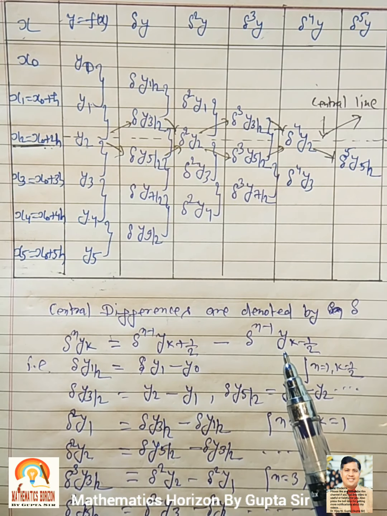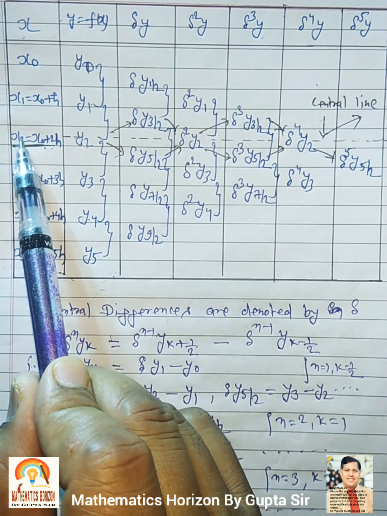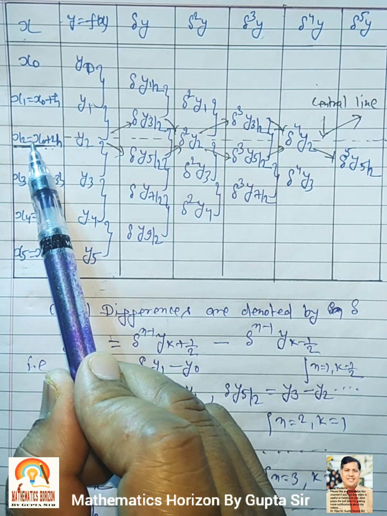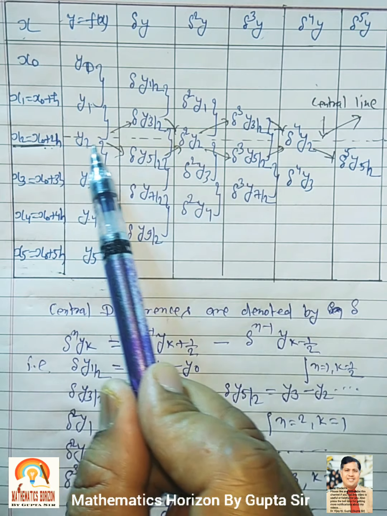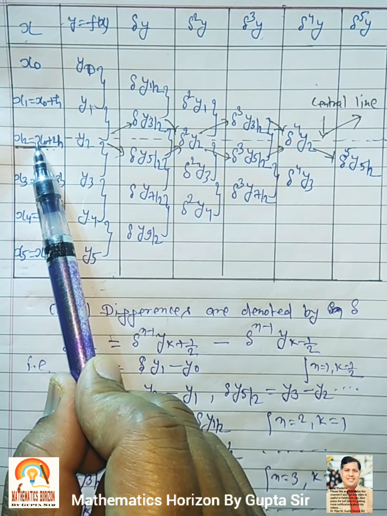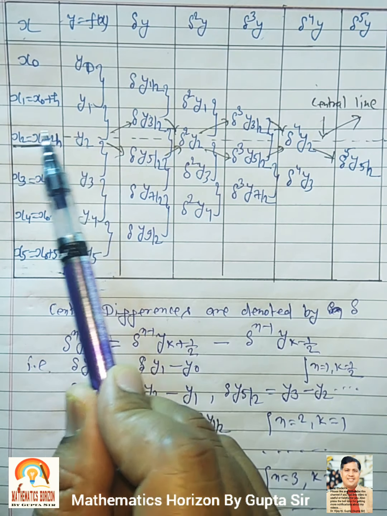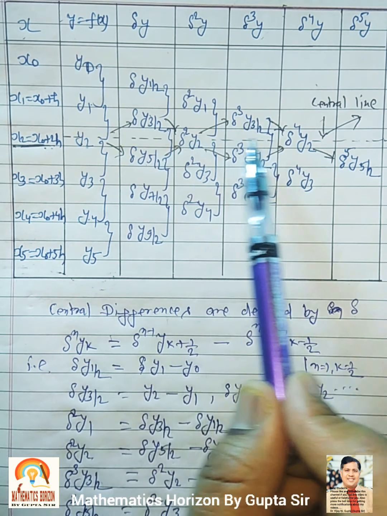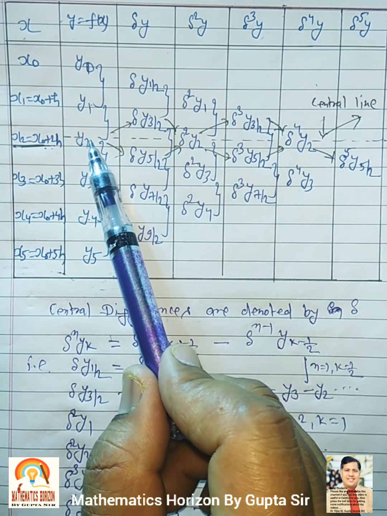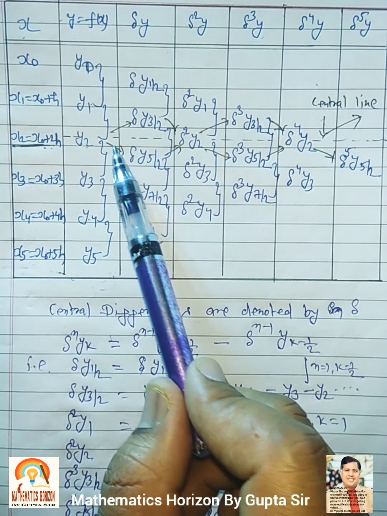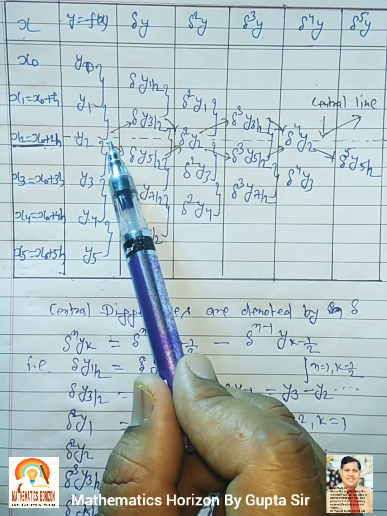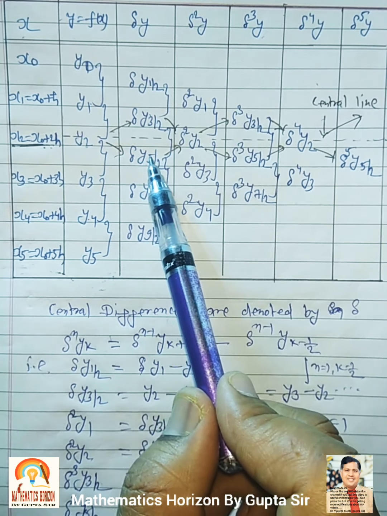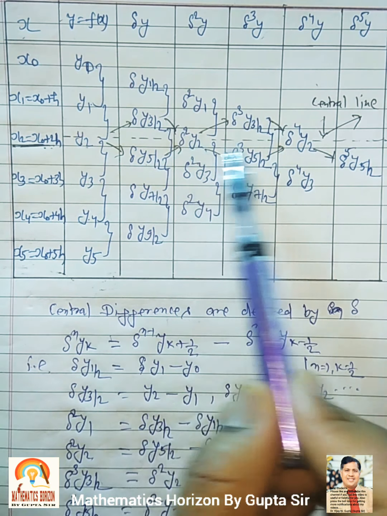Suppose this is x0. The interpolated value being near the center of the table means this will be x0, and this is the corresponding value y0, and this line is called the central line. In central differences formulae we always use the differences which are on the central line, and above and below the central line.